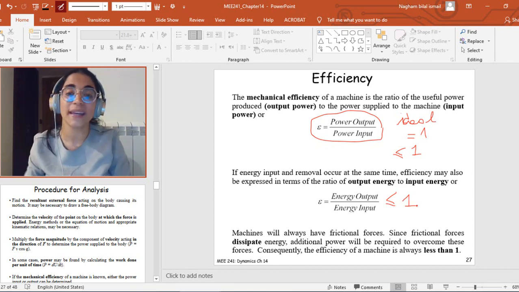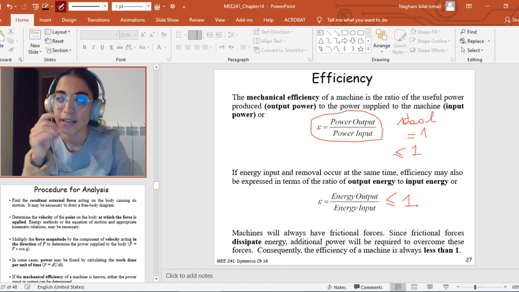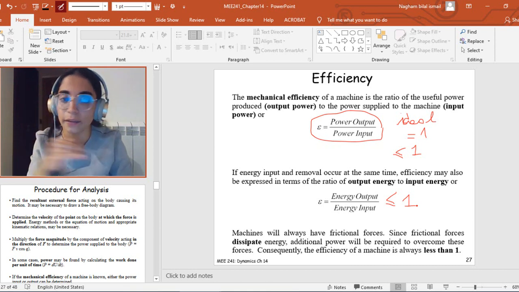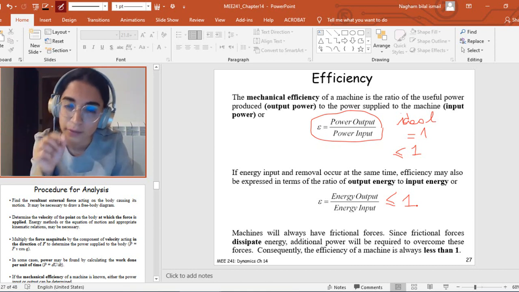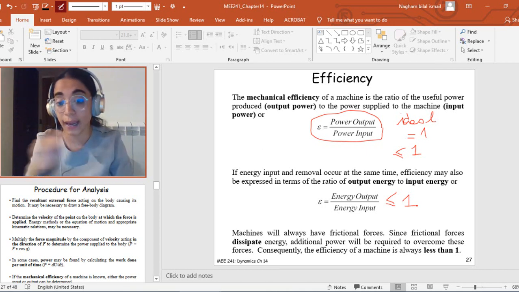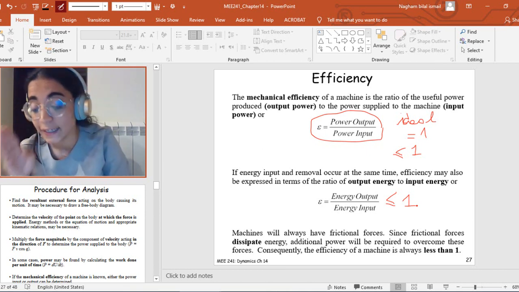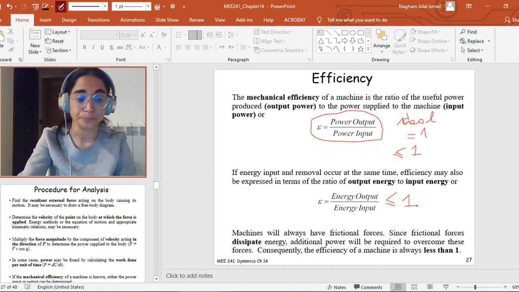The ideal case is when it is very close to 1, because I cannot say that the efficiency is 100%. I'm going to have some lost energy.